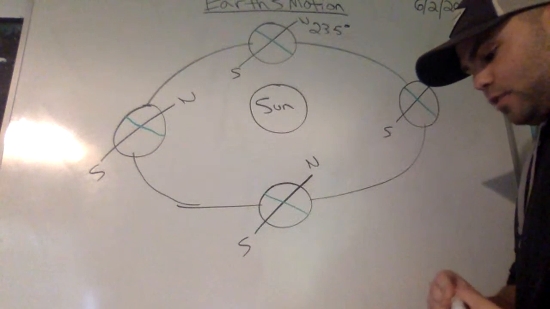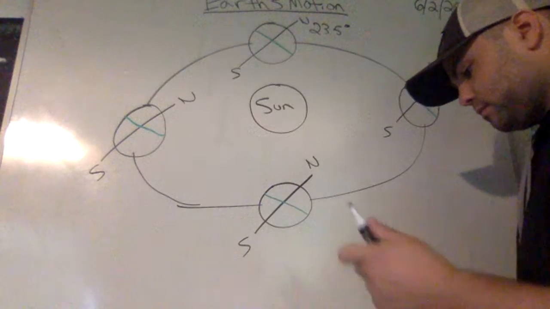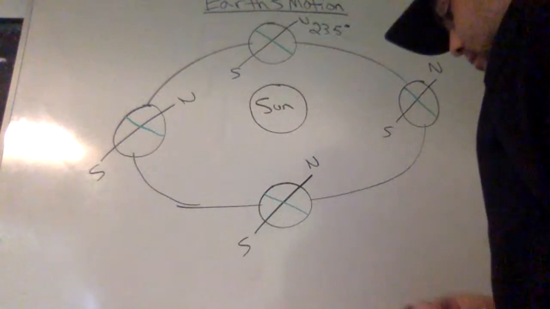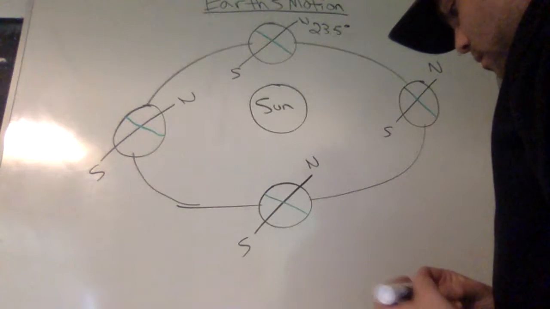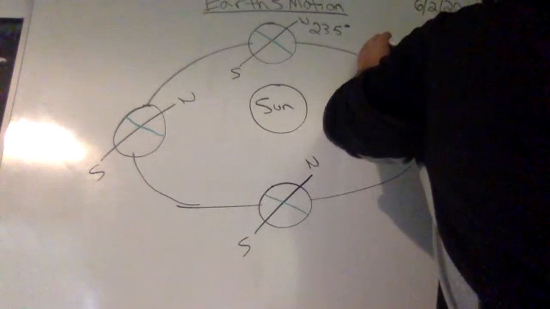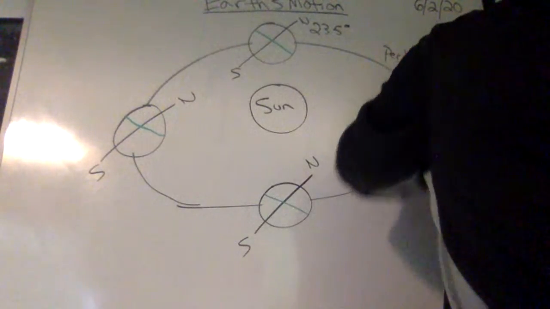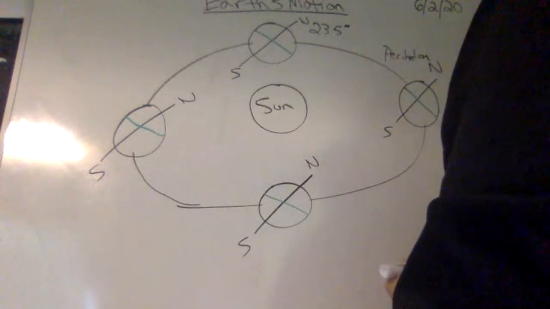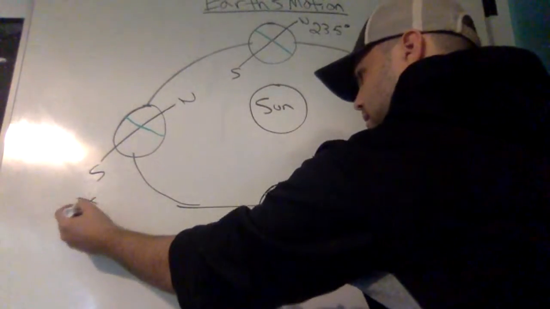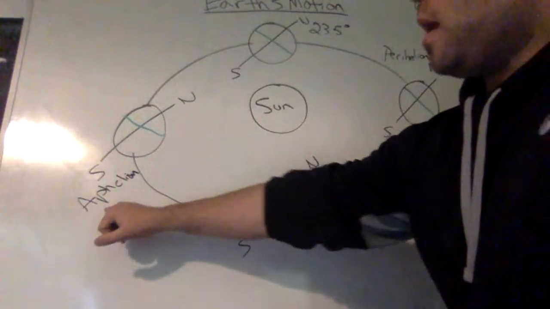Identify the season in New York State when the Earth is at aphelion. So for this, we're looking at it. So we have perihelion, okay? It's on this side. And then the other one that we have is, so remember, aphelion, that's the furthest it is.